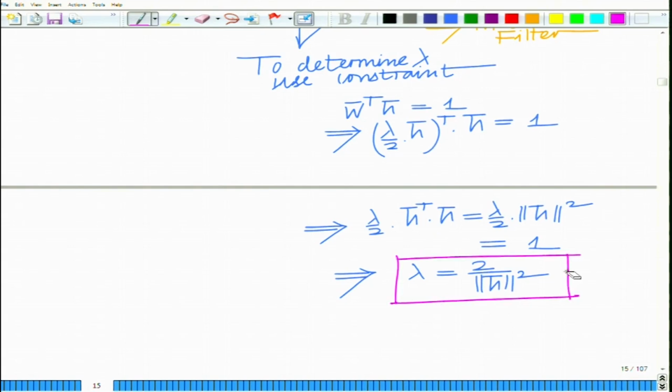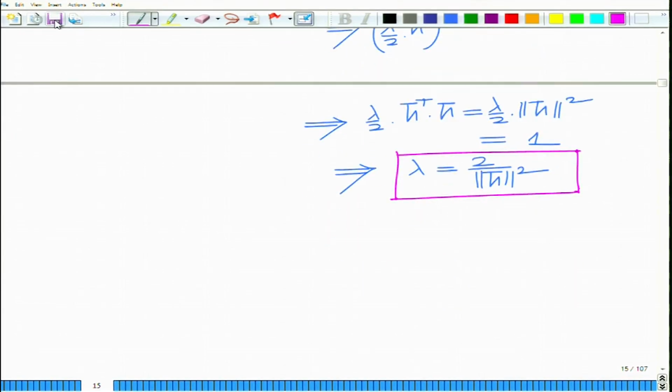So, lambda equals 2 over norm H bar square, correct, okay, and that is what we have.